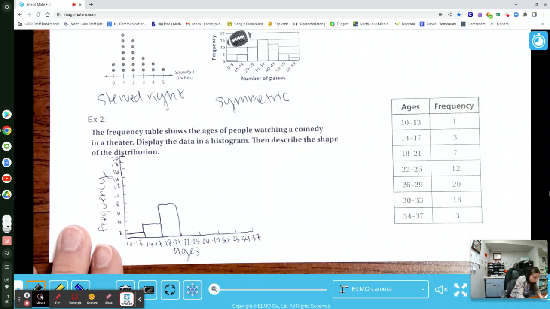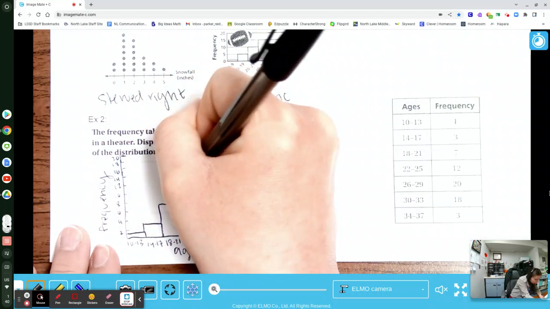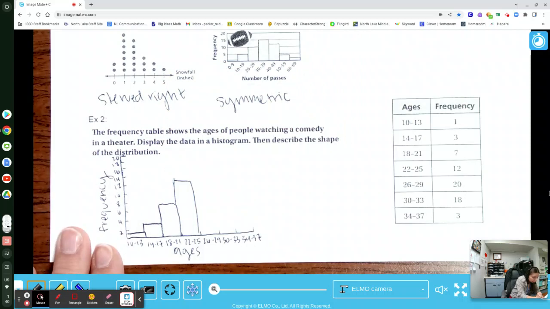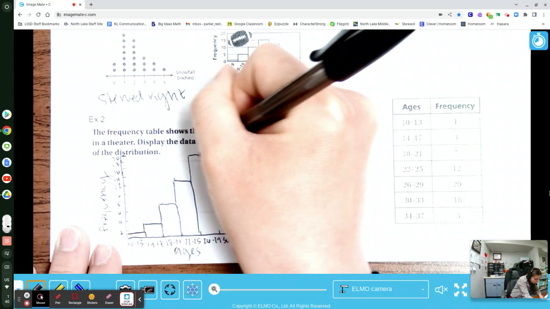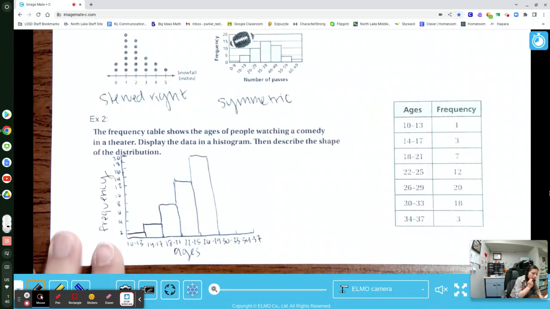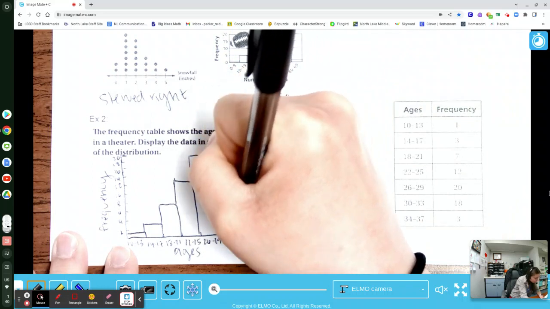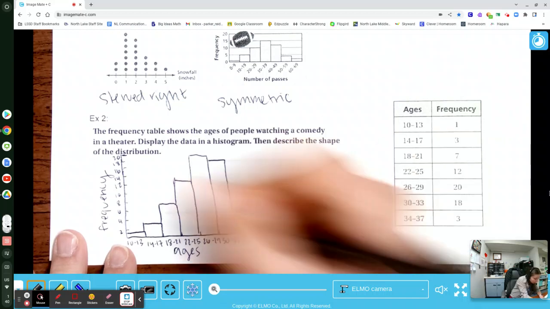Next, I have 22 to 25, which had a frequency of 12, so right on that line, 12. 26 to 29, there were 20, so that goes all the way to the very top. Next, I have 30 to 33, which had 18. And finally, I had 34 to 37, which had 3.